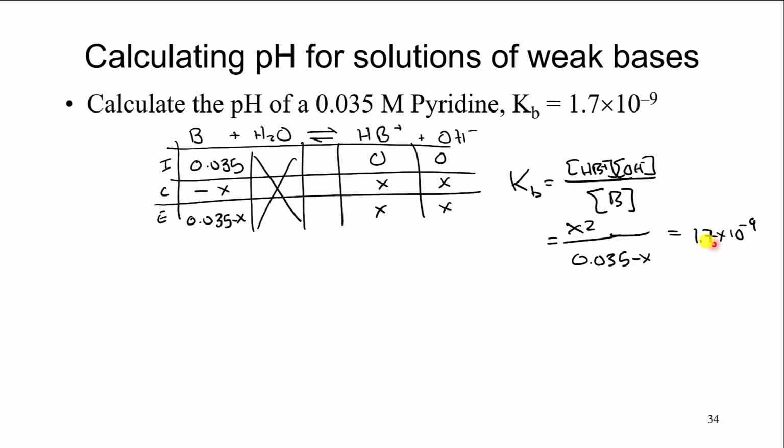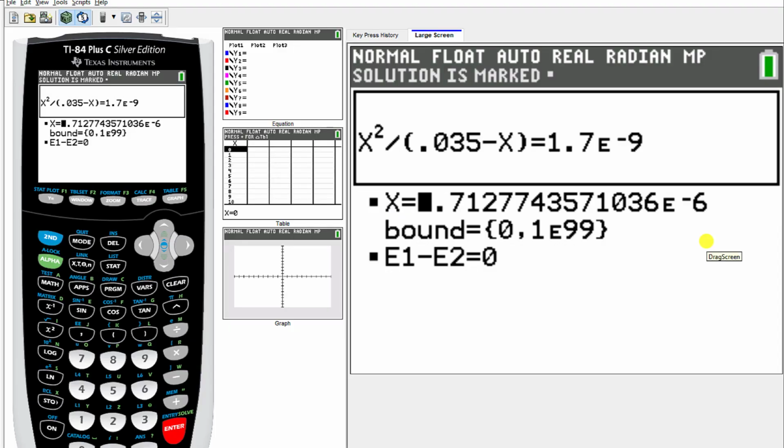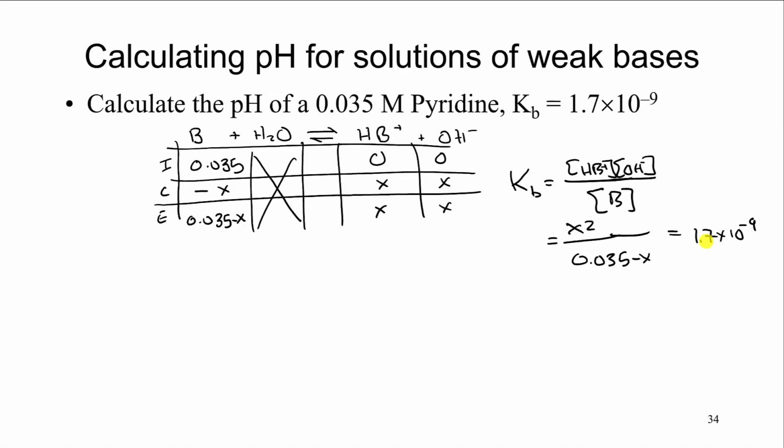And now what we do is we run it over to the calculator, and we can solve the equation, which I already did. So it's 7.71 times 10 to the minus 6. So x is 7.71 times 10 to the minus 6. And then we can calculate the pH.